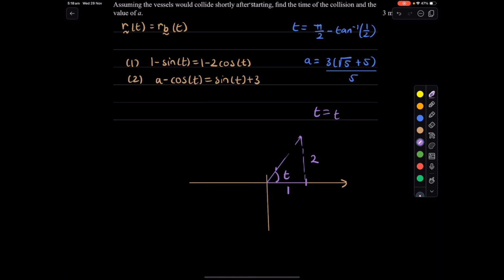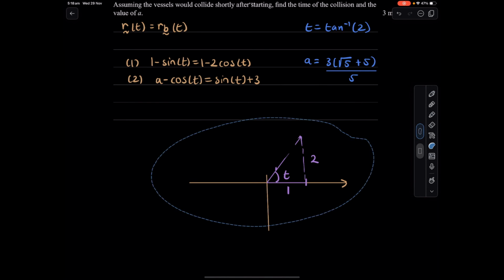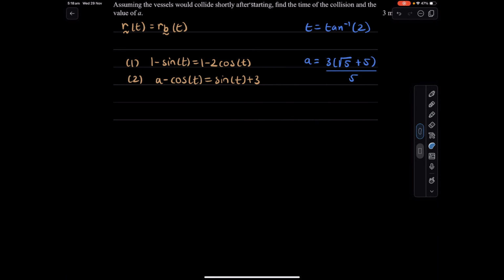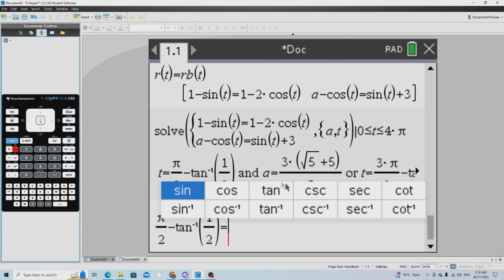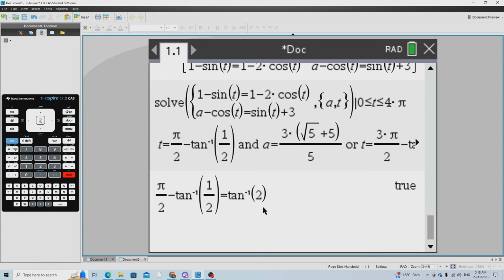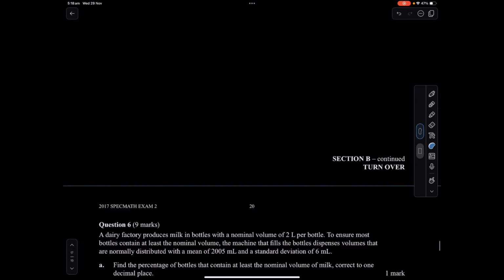It's the tan inverse of opposite over adjacent, which is 2 over 1. So t equals tan inverse of 2. That's a much simpler way to write it, and let's double check if that's true. If I take this over here, is it equal to the tan inverse of 2? True. So that's great. So these are the two answers.